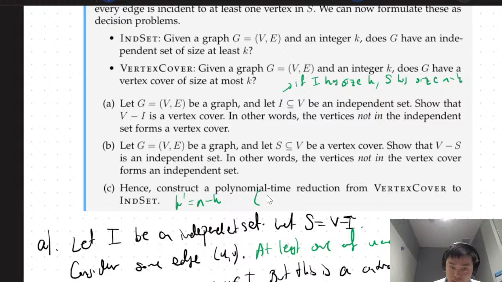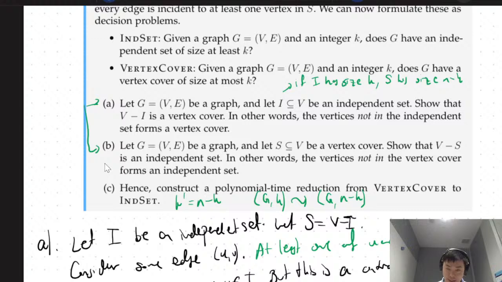So now we've transformed our input, which was G, k, into G, n minus k. And I claim that the original graph has a vertex cover of size k if and only if the original graph has an independent set of size n minus k. And these two results here show you that this is actually true.